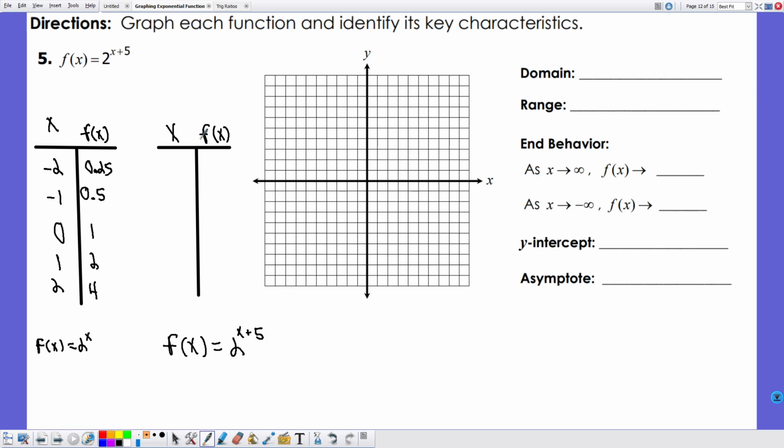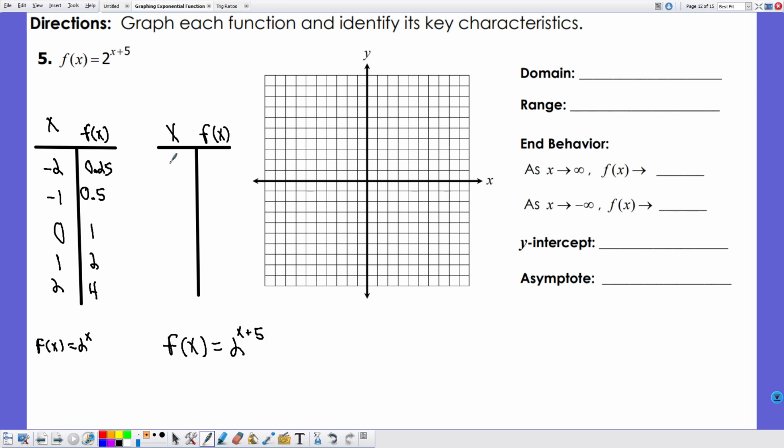Now, x plus 5. So think of it, we're taking each point on the graph and moving it to the left 5 spaces. Basically imagine I was graphing -2 and 0.25, but I'm going to the left 5 spaces.